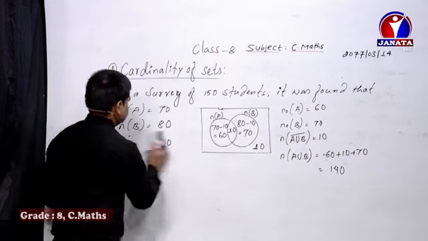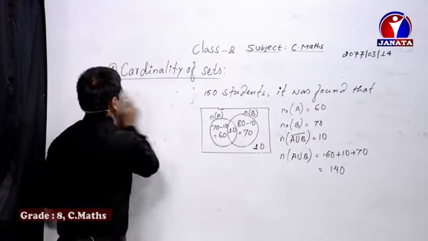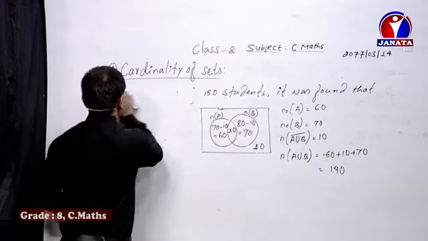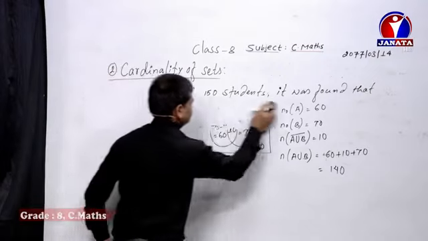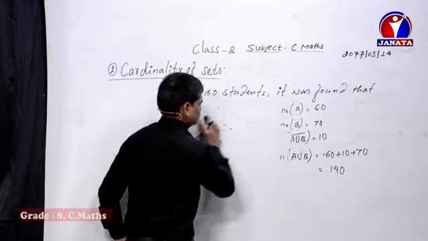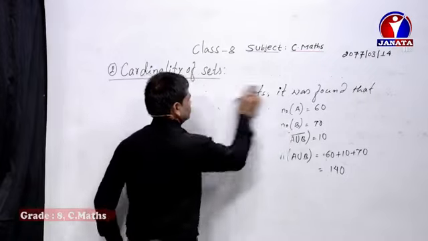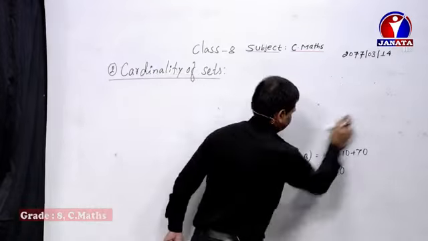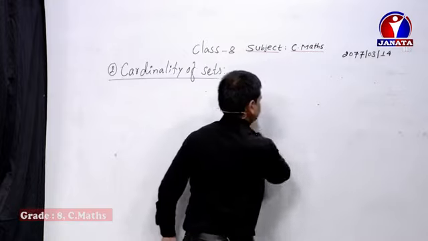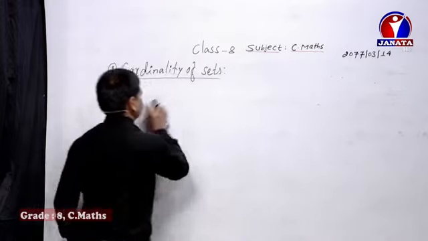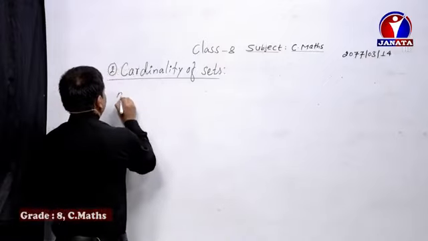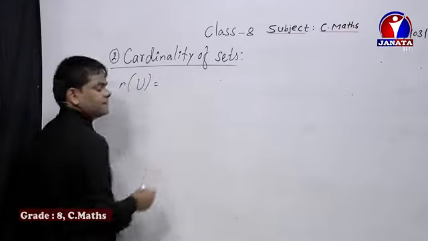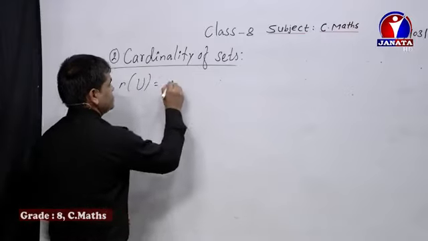Now dear students, let's take another example. The number of the universal set, let's keep as 200.